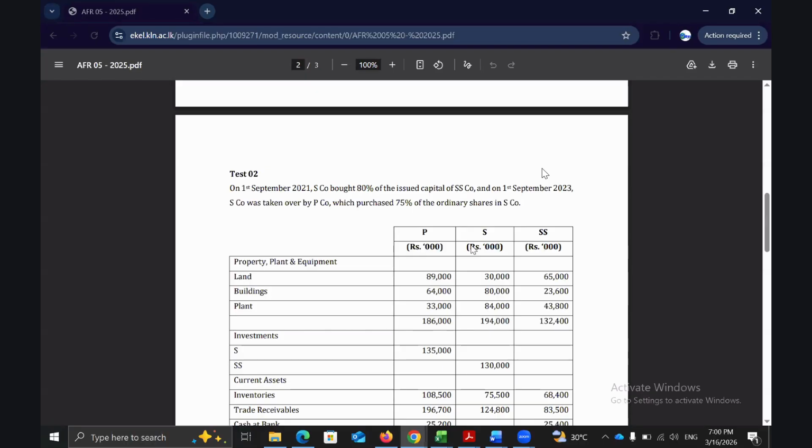Therefore, if the fair value is not given, then we need to follow the proportionate method. Under the proportionate method, we take the proportionate share of net assets at the date of acquisition.